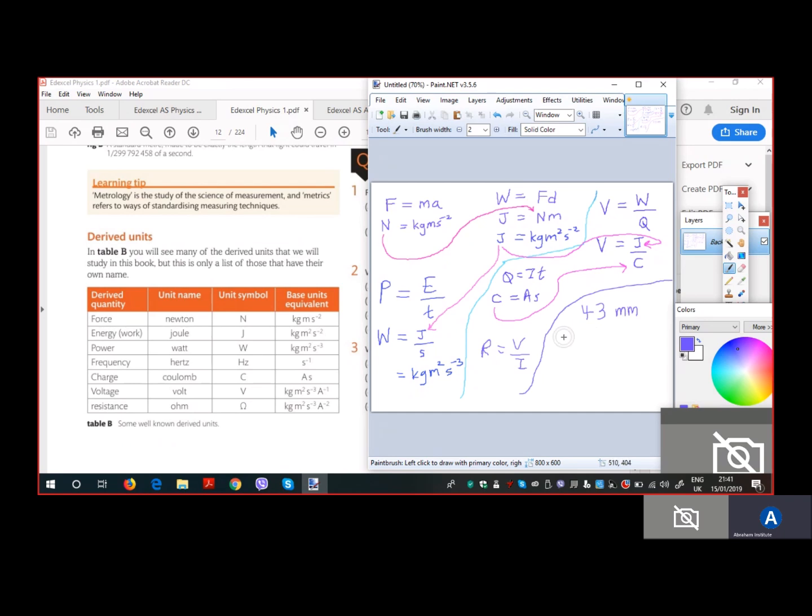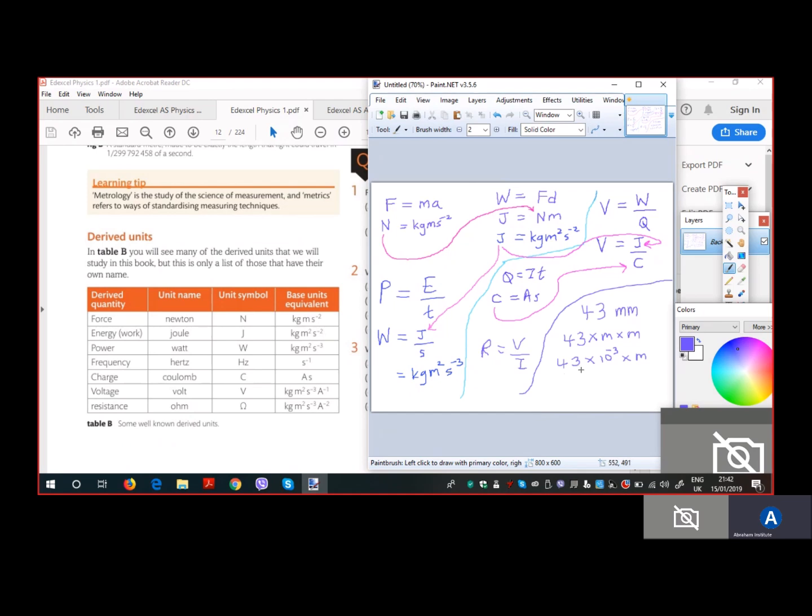Now this is how we do it. 43, then I write a multiplication sign, meter. Again, between these two also, the sign is multiplication. So then it will be 43 times milli. From the table of metric prefixes, you can see it's 10 to the power minus 3 times m.